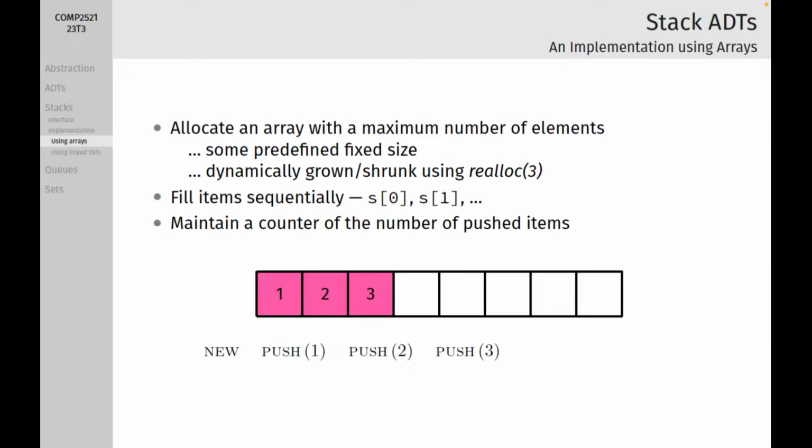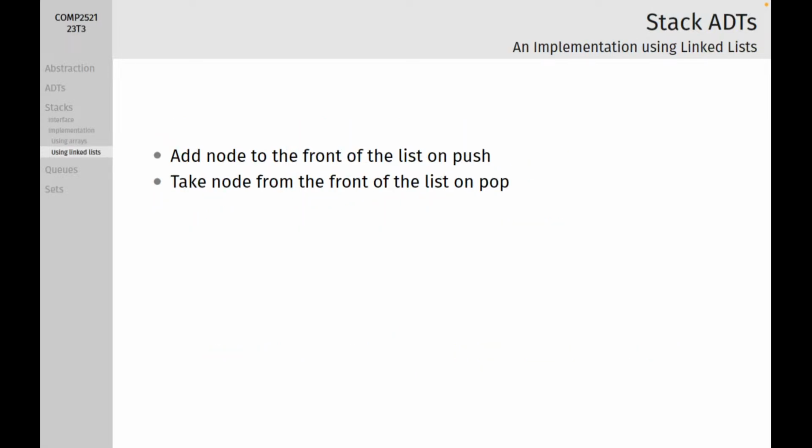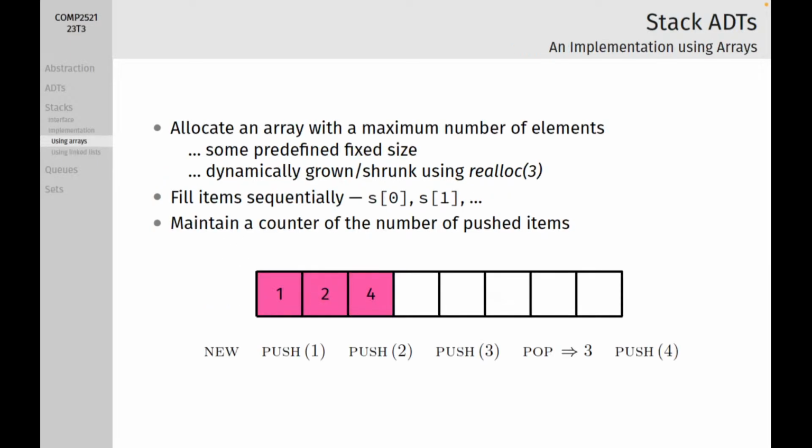Right? So we want to remove 3. So the 3 is gone, right? And it gives us 3. And when we push another item, then that gets placed after the 2. Right? So we basically fill the array sequentially. When we pop something, we remove the most recently pushed item. Okay. So that's the array implementation of a stack.